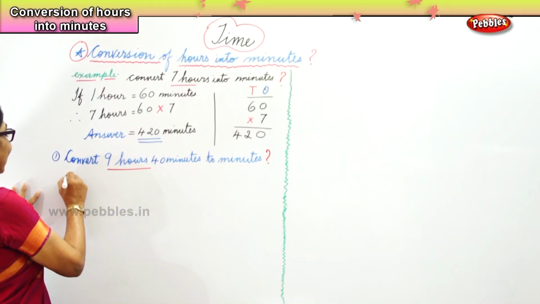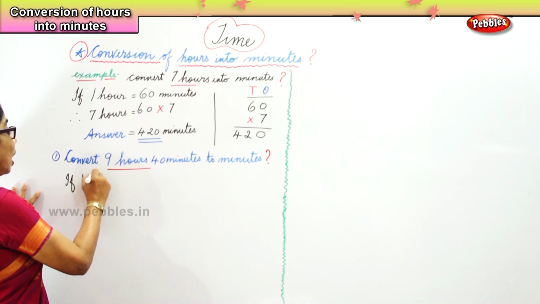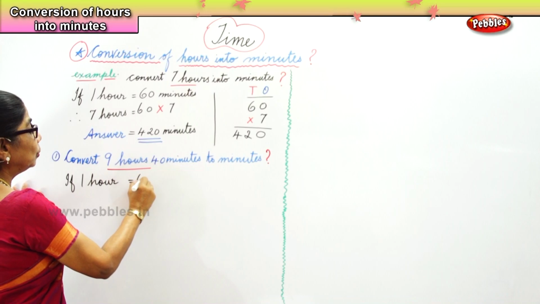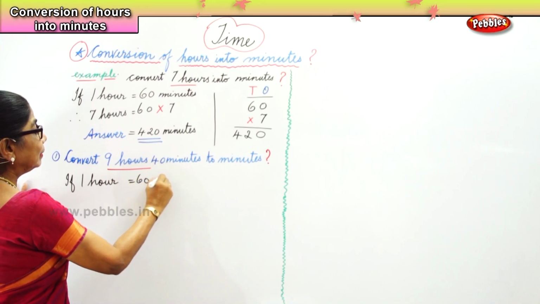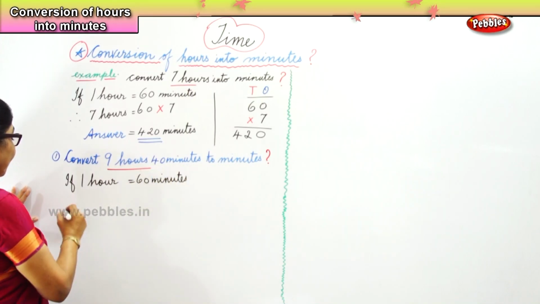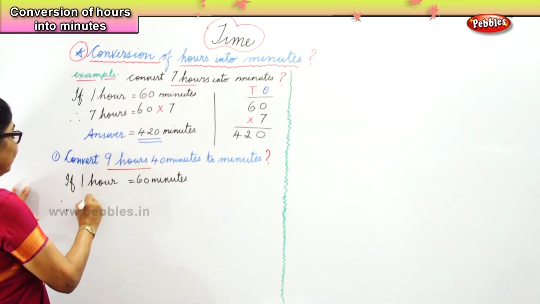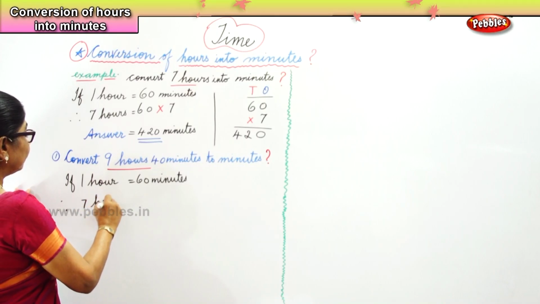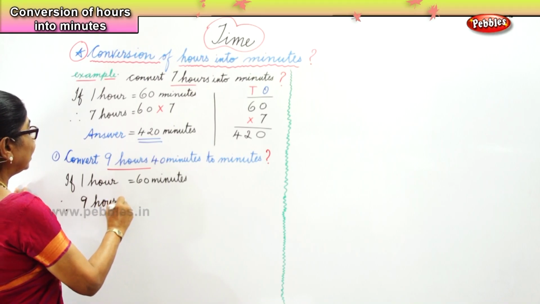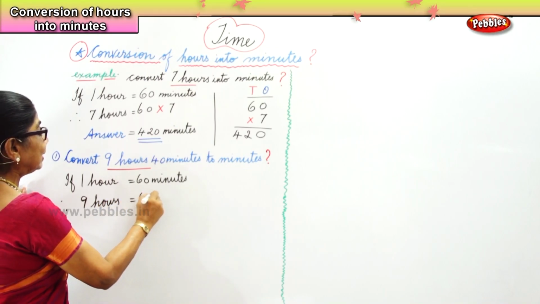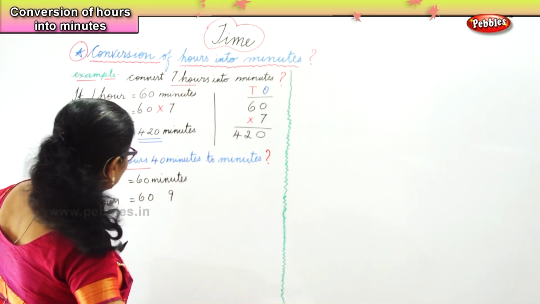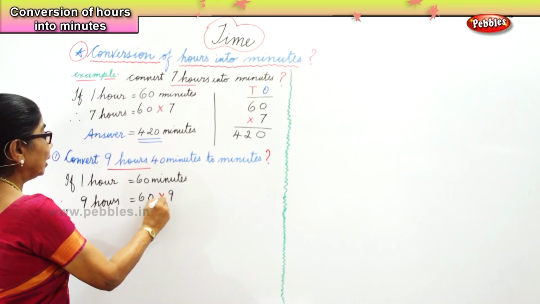The first one, if 1 hour is equal to 60 minutes, therefore 9 hours equal to 60 into 9, and then we add on the 40. 60 into 9.